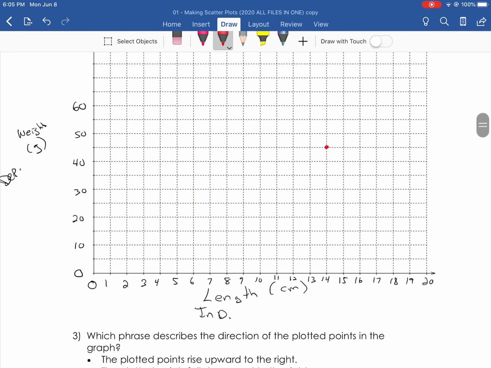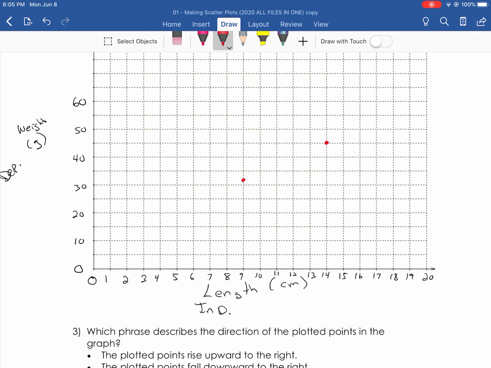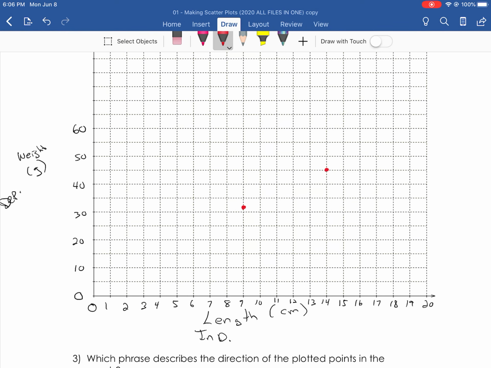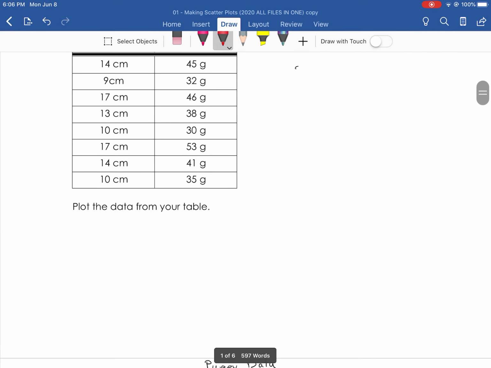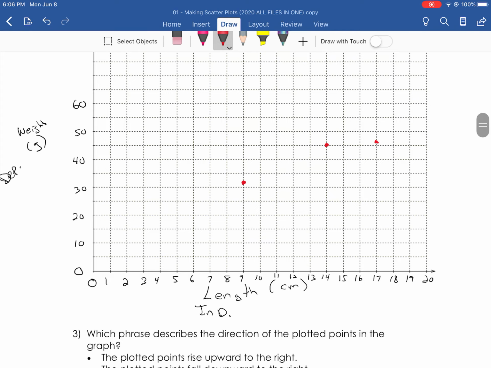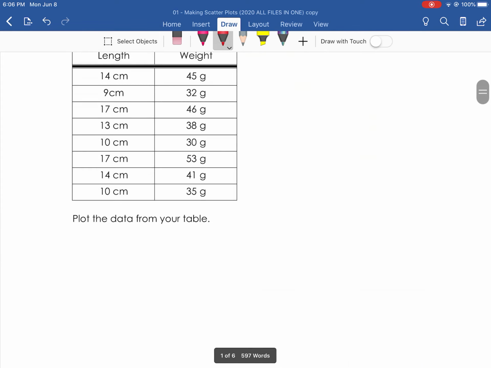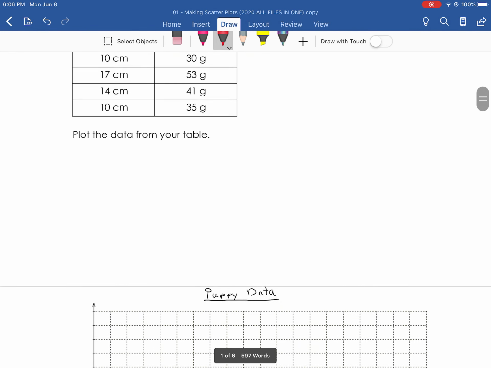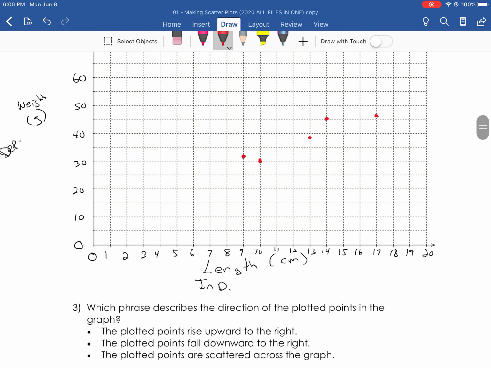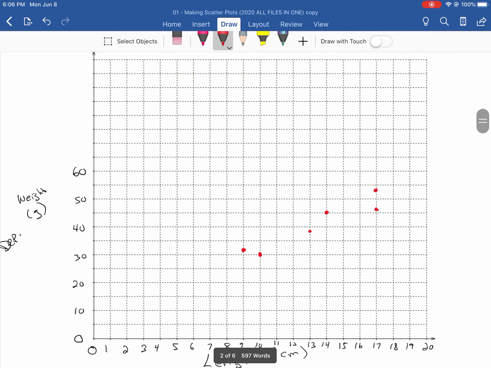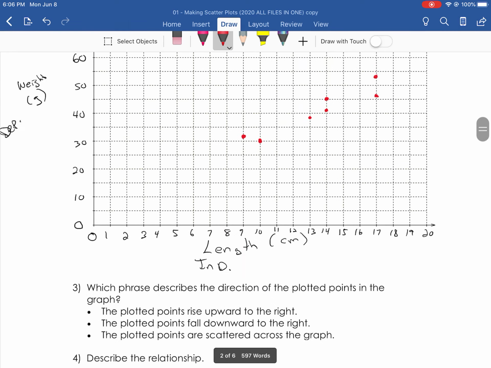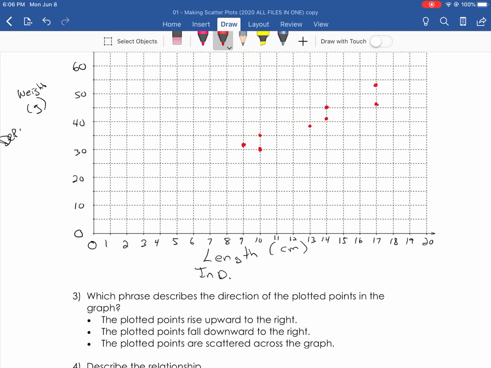Next one is 9 and 32. 9 and 32, and 17 and 46. 17, 46 would be right about there. 13 and 38, right about there. 10 and 30. 17 and 53, something like that. 14 and 41, and the last one, 10 and 35.